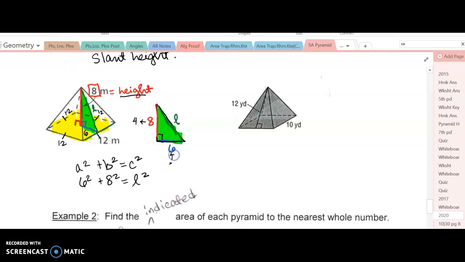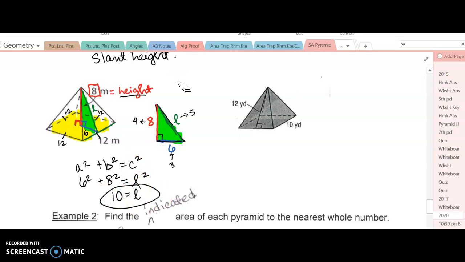This is 3, and so this would be the 5. What we mean by the 3, 4, 5 is that 3 times 2 is 6, 4 times 2 is 8, so 5 times 2 would be our L. Or if you're not comfortable using the multiples of the triples like that, you can do the good old Pythagorean theorem. Either way, you get your L to be 10. So that's your answer on that one.